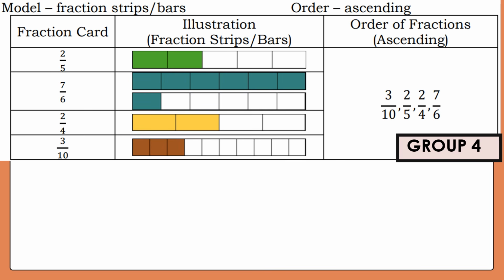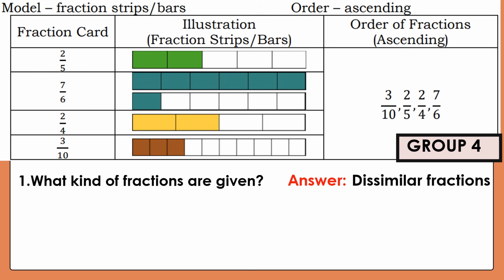Group 4. Model fraction strips or bars. Order ascending. Fraction cards 2/5, 7/6, 2/4, and 3/10. Questions. Number 1. What kind of fractions are given? The answer, dissimilar fractions.